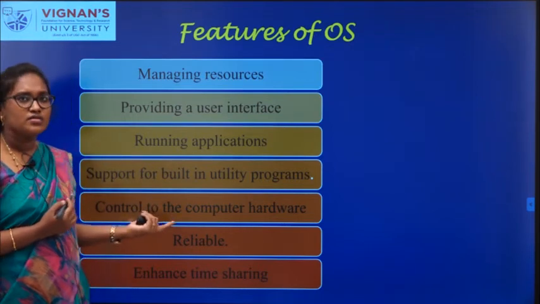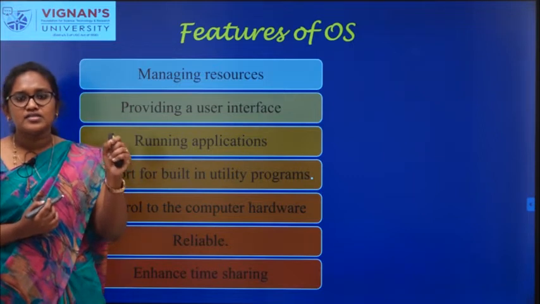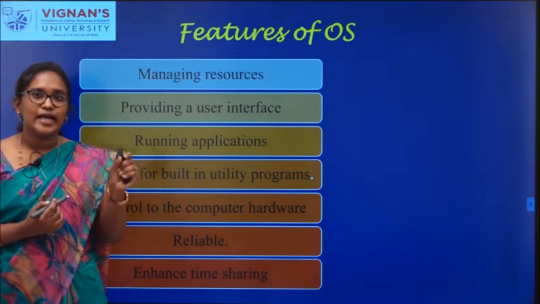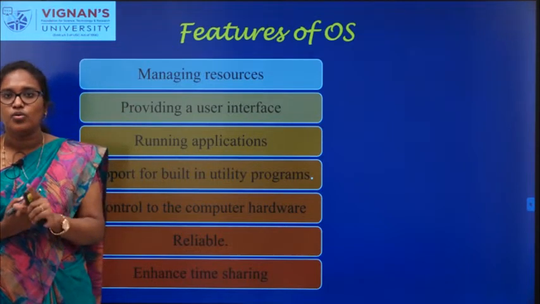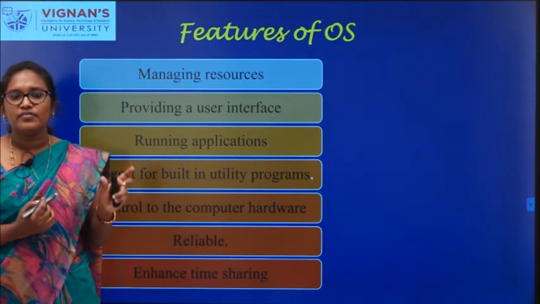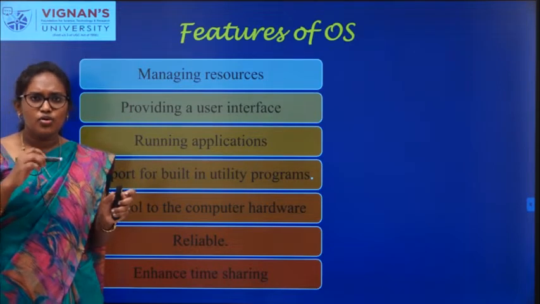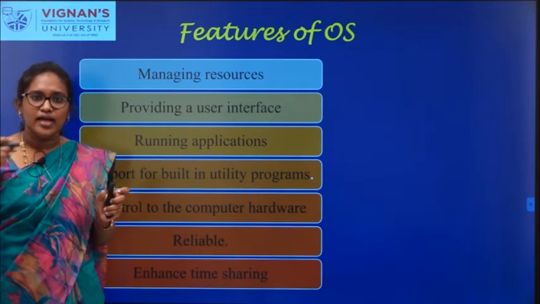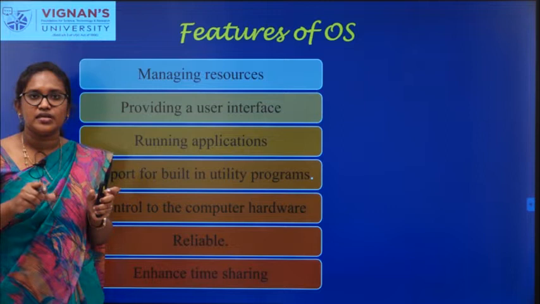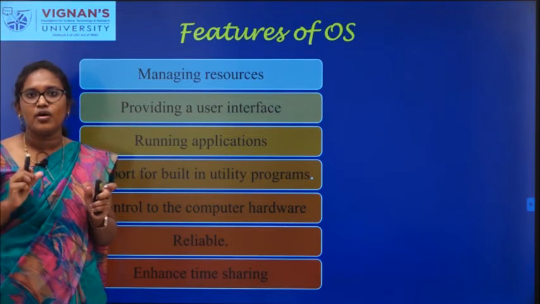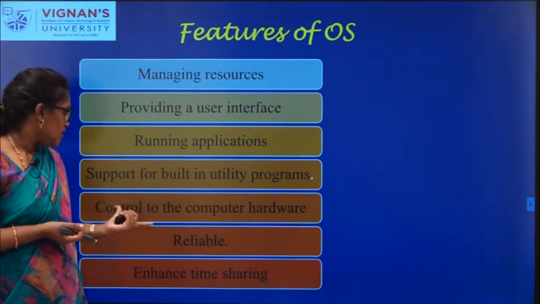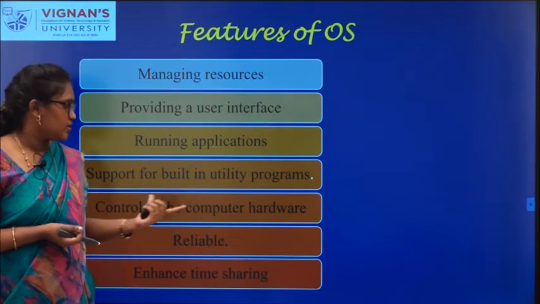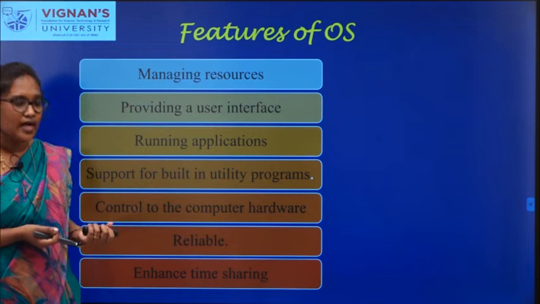Whenever you are pressing some particular key like H key, then E key, then L, L, O, so a total of 5 keys you are pressing, right? So who is converting that particular key functioning into a letter on the monitor? Nothing but the operating system. That itself is called control to computer hardware.